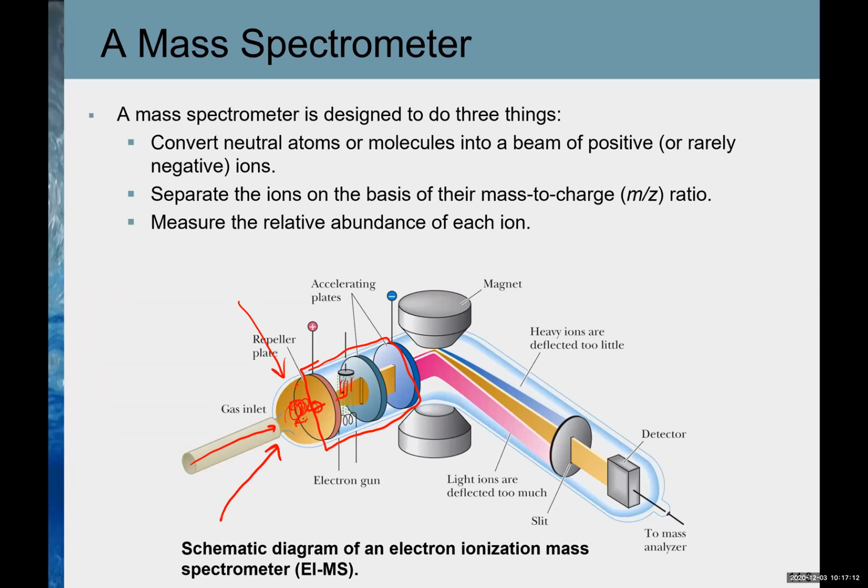When the electron is removed, our atom becomes a positive ion. There is an electron plate. Negative charge is on this side, positive is this side, because our atom is now positively charged. So it gets pulled towards this plate, and there is an opening here, and it passes through it. When it reaches this stage, there is a magnet, and that magnet bends it and sends it to this side, and there is a detector, and then the sample is detected here.